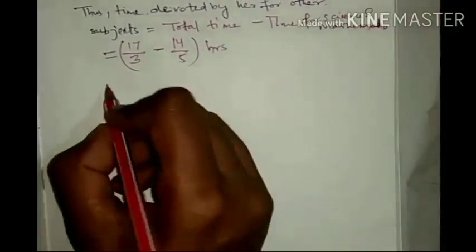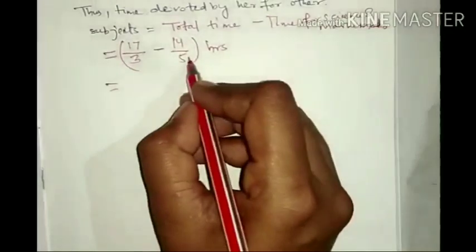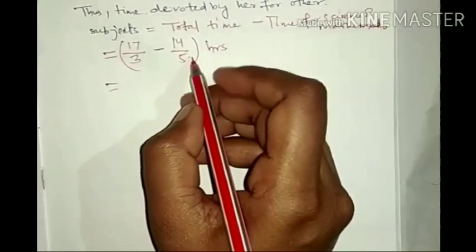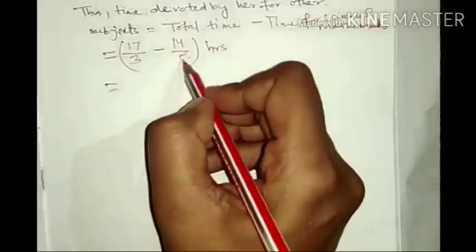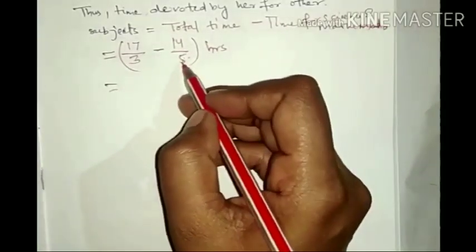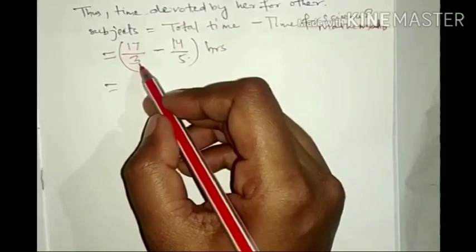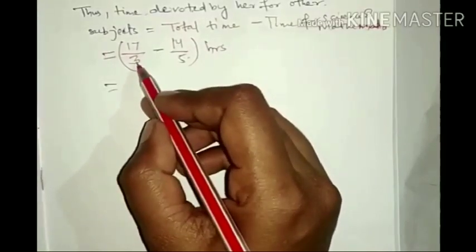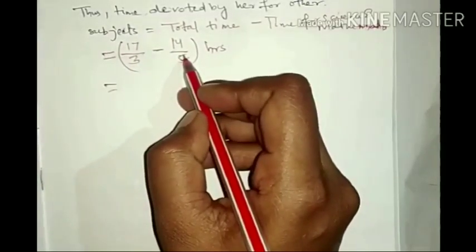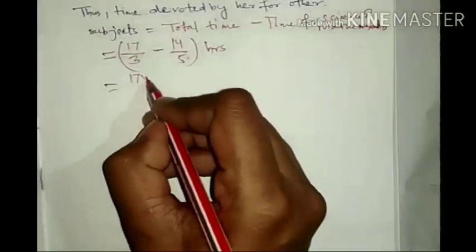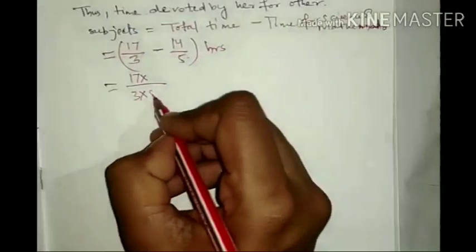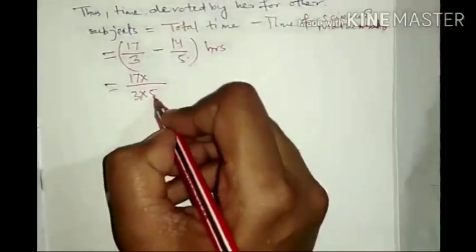Here the denominators are different, so these are unlike fractions. We have to convert them to like fractions. Here 3 is there, 5 is there. 3 can't be converted into 5, and 5 also can't be converted into 3. So you multiply 5 into 3 equals 15. We can do it like this: 17 into 5, 3 into 5 is 15.